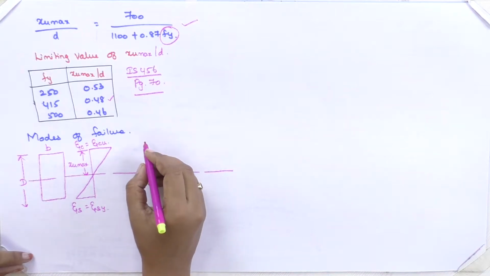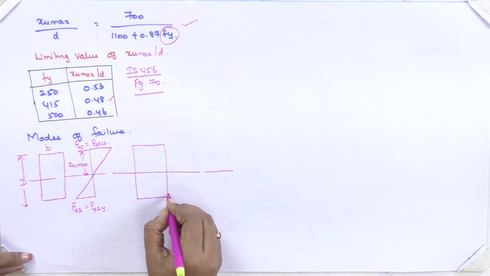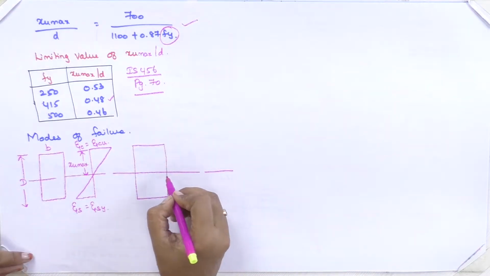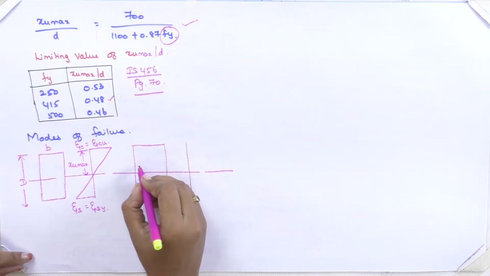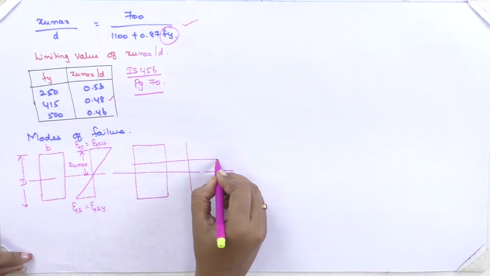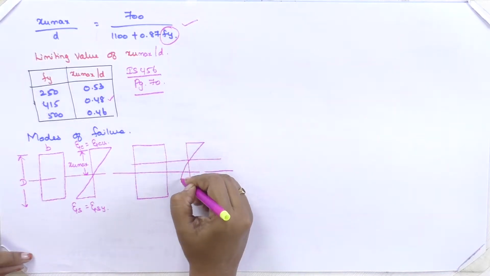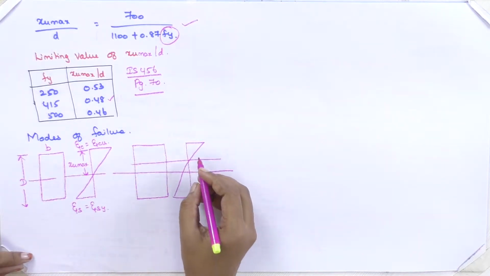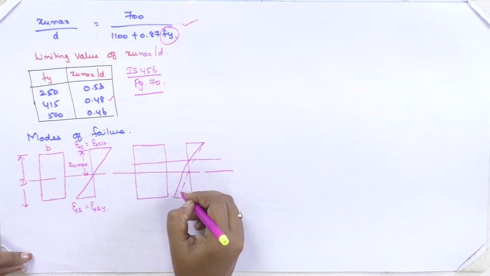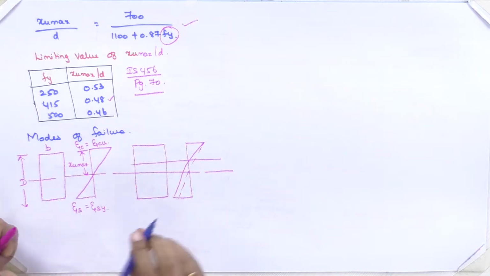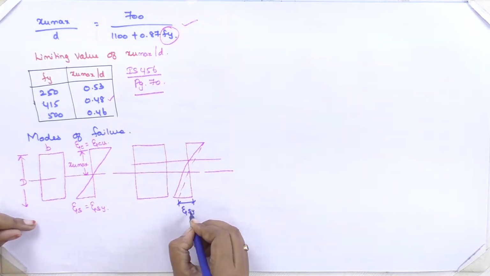Then this is the beam. Your actual neutral axis is here, but when you are getting the neutral axis here, this is epsilon Sy.